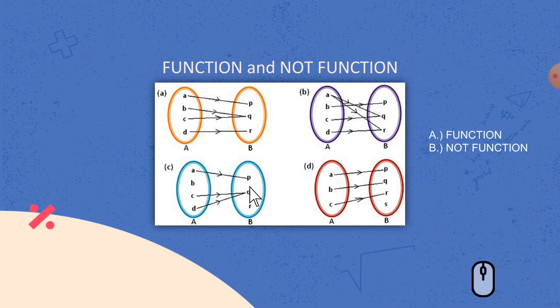Is it a function or not function? Okay, this is an example of a function since walang naulit sa ating domain. Next is the letter D. Is it function or not function? So the answer is function since it is an example of one-to-one relation. So walang naulit sa ating domain.